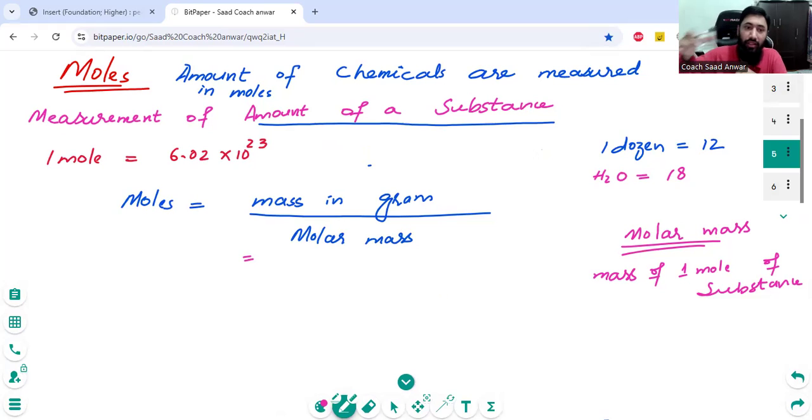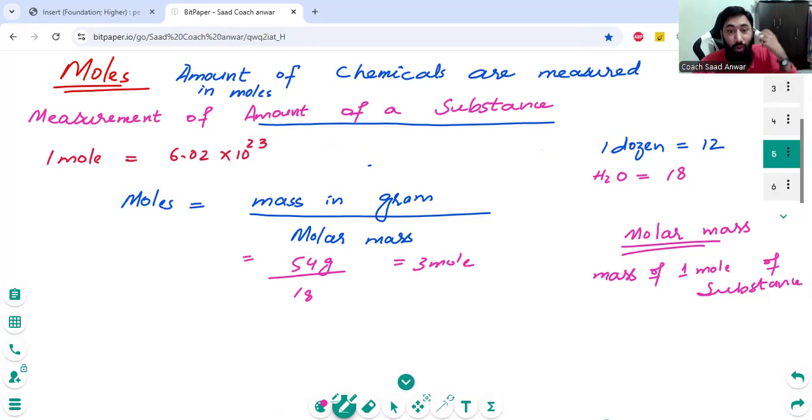If I have to measure moles of this water, I first need its mass. I'm supposing its mass is 54 gram. So mass in gram is 54. Molar mass of water is 18. So when I divide 54 by 18, I get 3 moles. So it means in this glass of water, there are 3 moles.